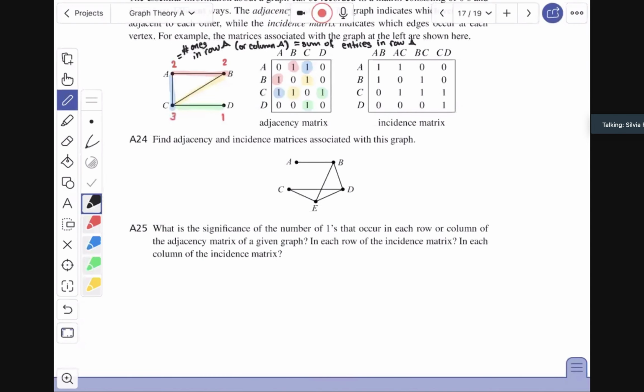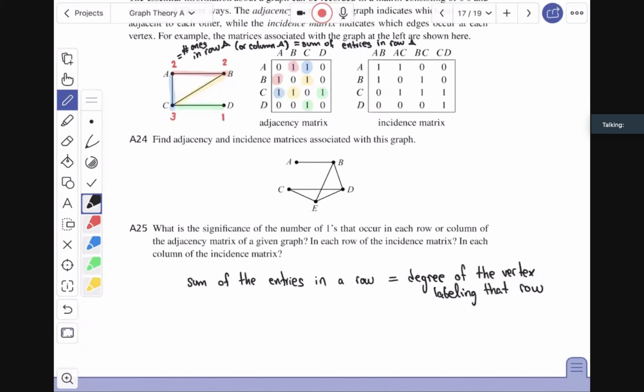So the sum of the entries in a row is the degree of the vertex labeling that row, right?